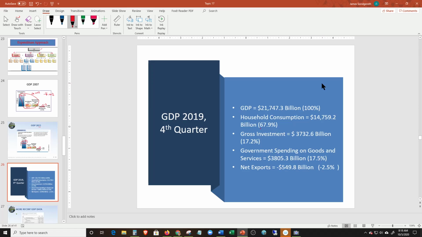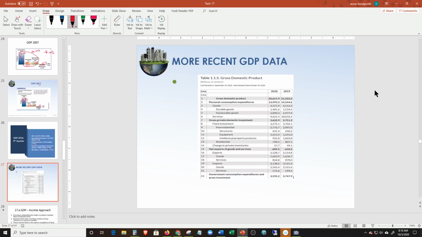Look, household consumption is down to approximately 68%. Investment is way up to 18%. That's a very good sign of a growing economy. And government spending is about the same at 17%. Net exports are now only at negative 2.5%. Anyway, that's the expenditure approach.